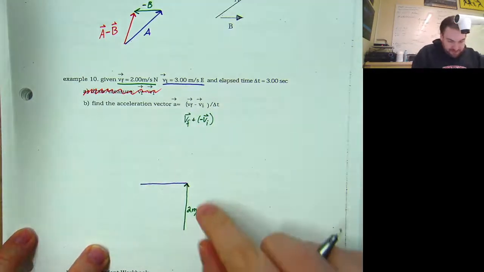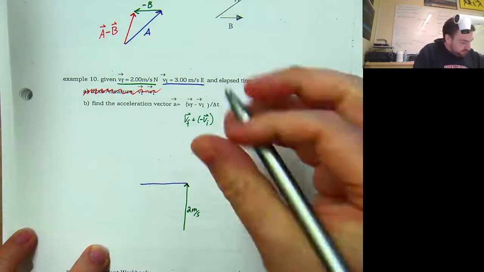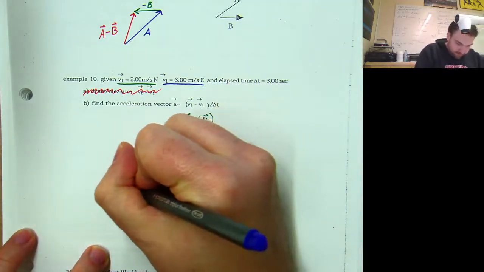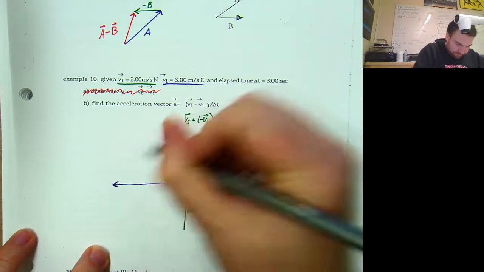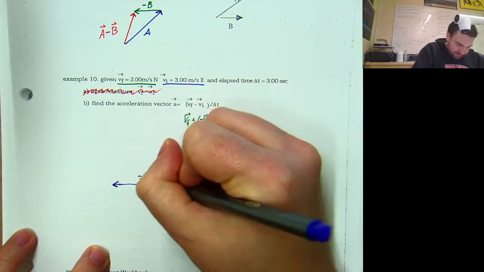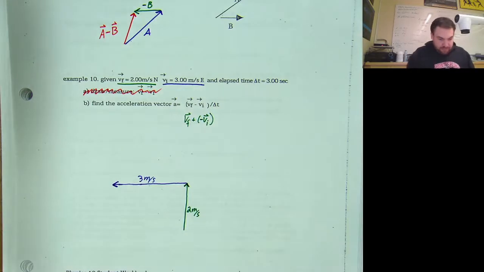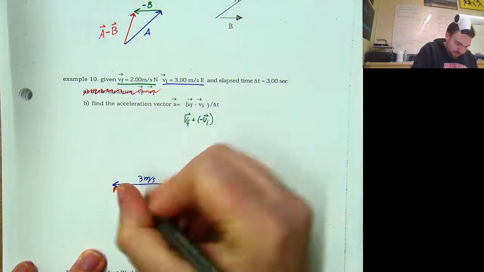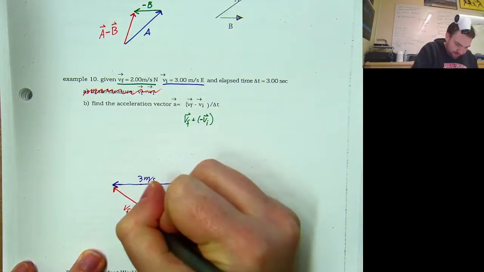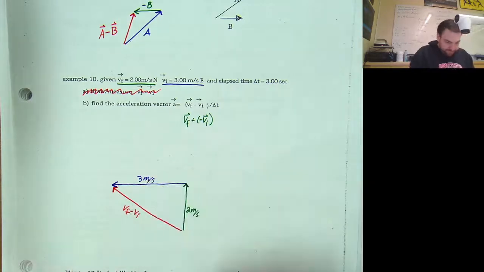And 3 meters is a third longer than 2, so I'm going to draw one that's a little bit longer than 2. Maybe something looks like that. There's my 3 meter per second vector. So this guy here is going to be VF minus VI.